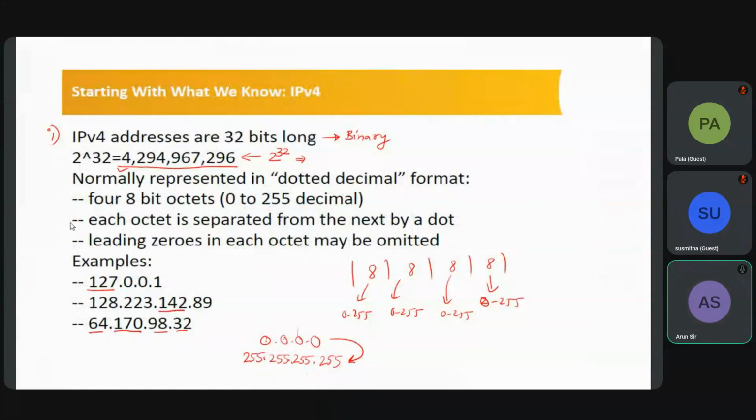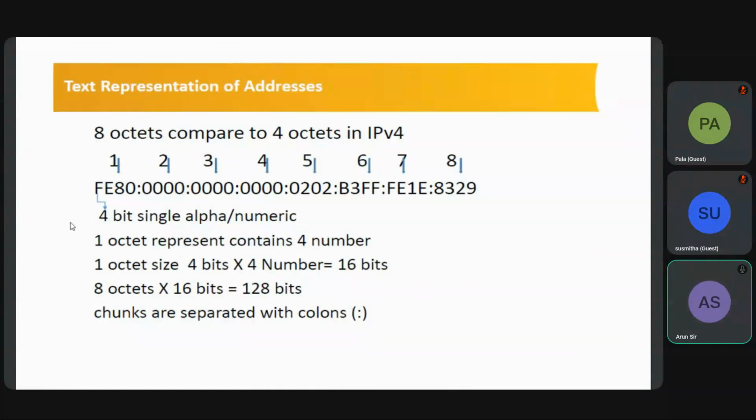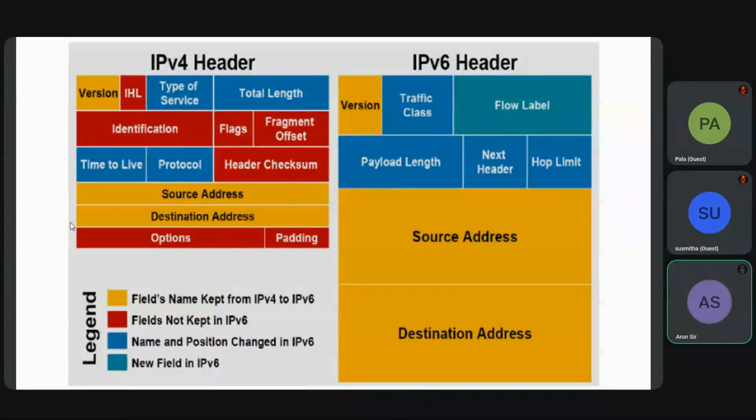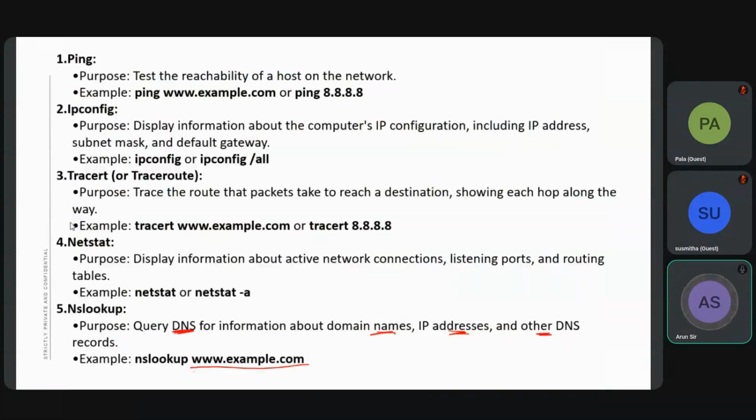Okay, so we saw that there are IP version 4 and 6. They are now present in every system, and they are providing the connections. We got to know that there are certain commands which are helpful to diagnose the system.